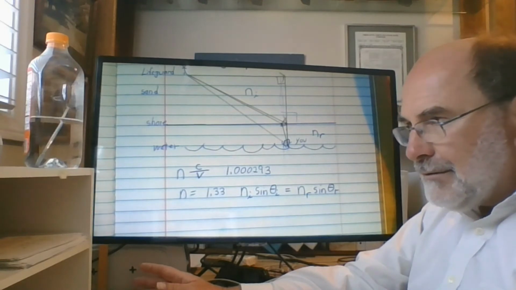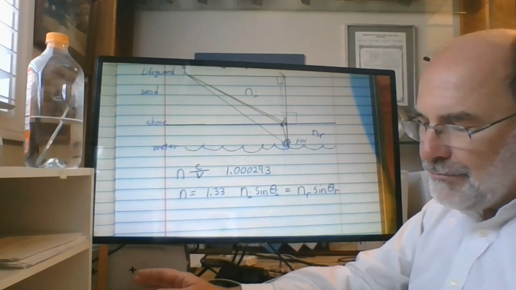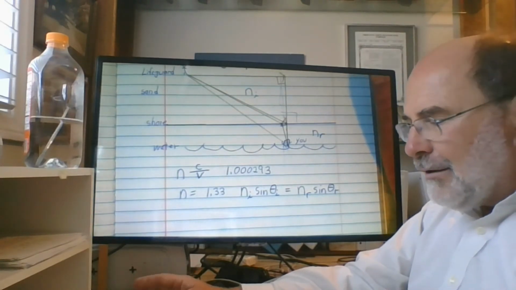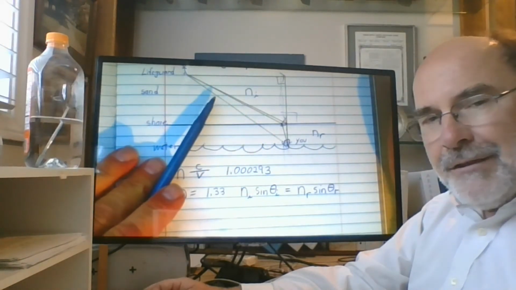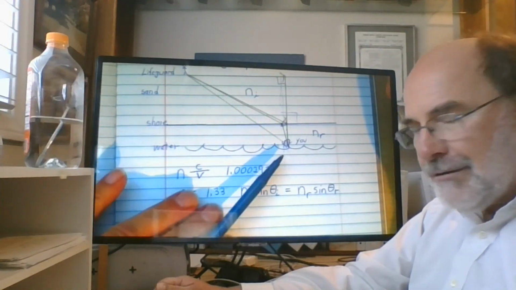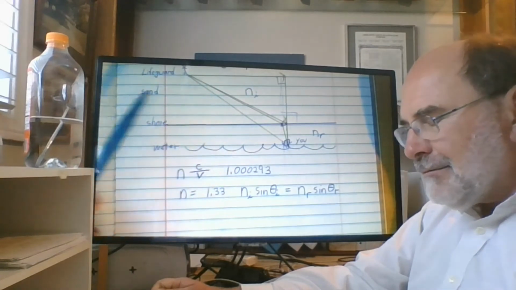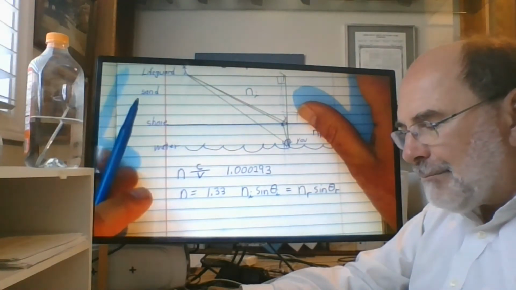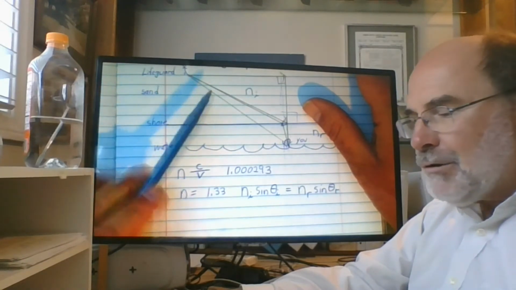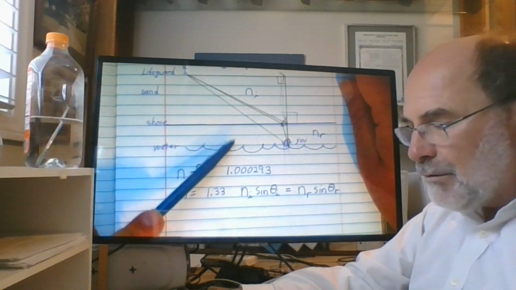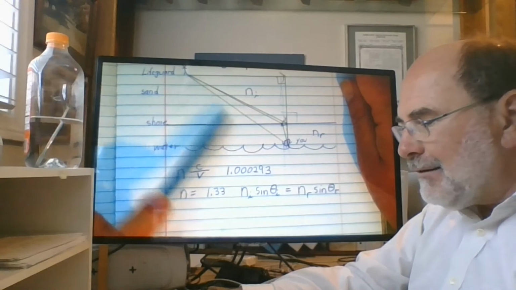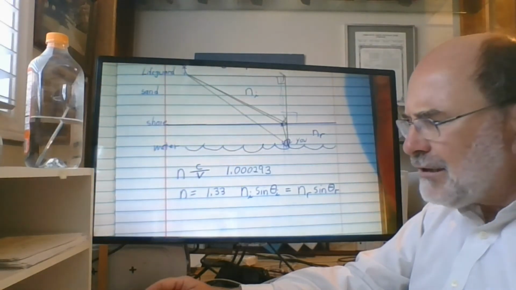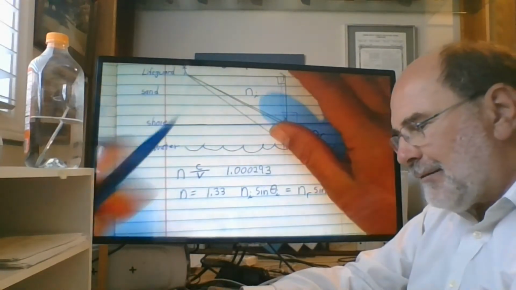I can't really do a calculation justice that shows what the optimal angle is for this lifeguard to get to the swimmer. Too complicated for me to figure out. But I can make up a problem and say, what if this were air and if this were water and if the angle of incidence really were 73 degrees, let's say?